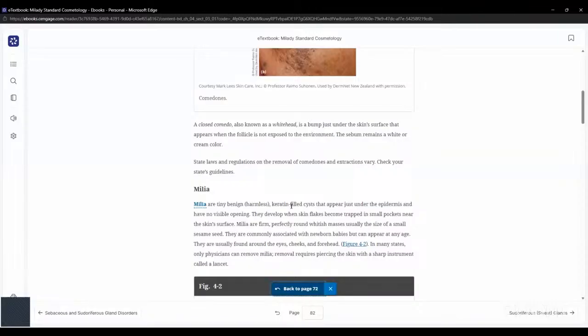Milia sometimes is felt underneath the skin, mostly where you will find this. If you look at your chin, take your lips and then look at your chin, you won't see the open compactions, the open comedones where it can come to the surface, but you feel it, okay?